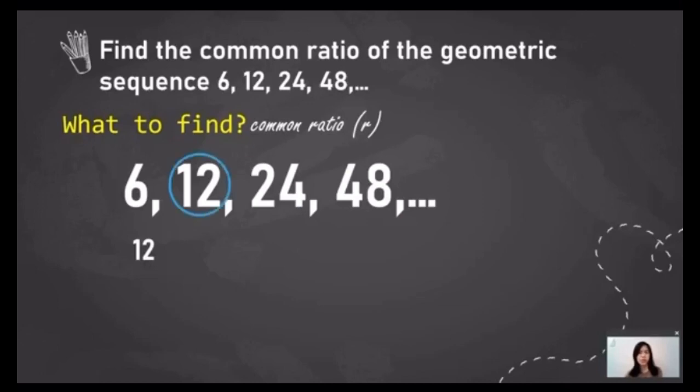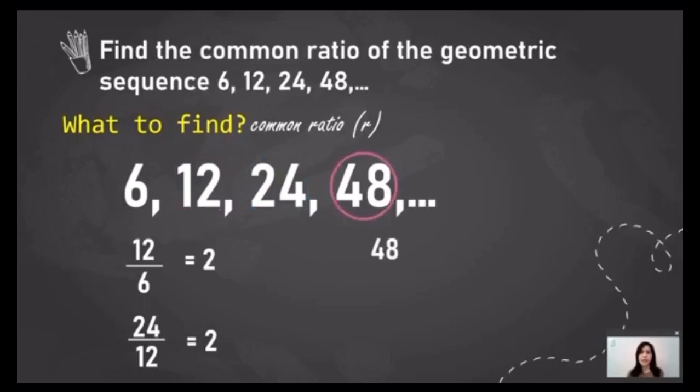So let's consider 12 divided by the preceding term, 6. 12 divided by 6 is 2. Next, 24 divided by its preceding term, 12, that's 2 also. Next, 48 divided by the preceding term, which is 24, that's 2 also. Therefore, our common ratio for the sequence 6, 12, 24, 48 is 2.